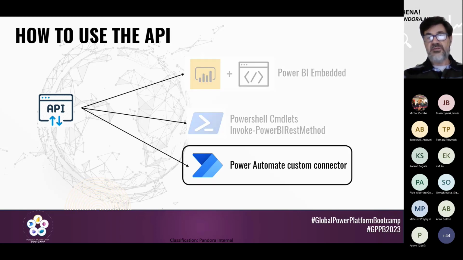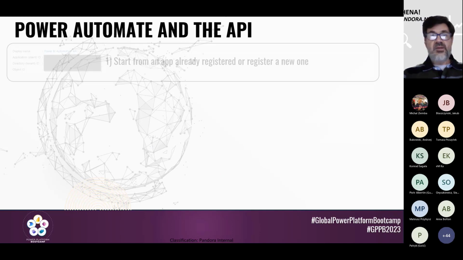So in today's session, we are focusing on this application: how to create a custom connector in Power Automate, how to call the APIs, add actions to the custom connector, and then use the APIs in your flow.